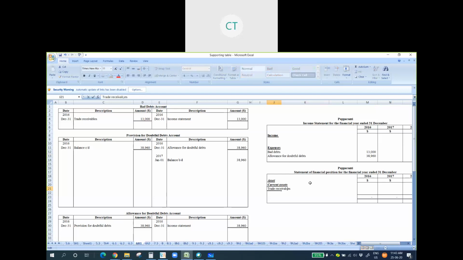Your provision for doubtful debts is a negative amount, so we write less provision for doubtful debts. For trade receivables, we use net trade receivables. So it's 500,000 minus the bad debts 13,000, so we get 487,000. Then for the provision for doubtful debts, we put negative. So our net trade receivable is 448,040.